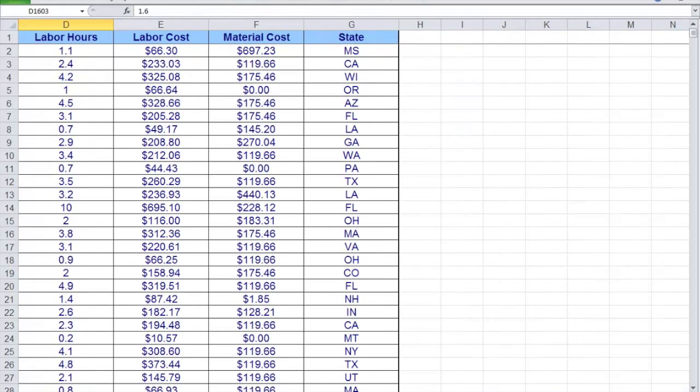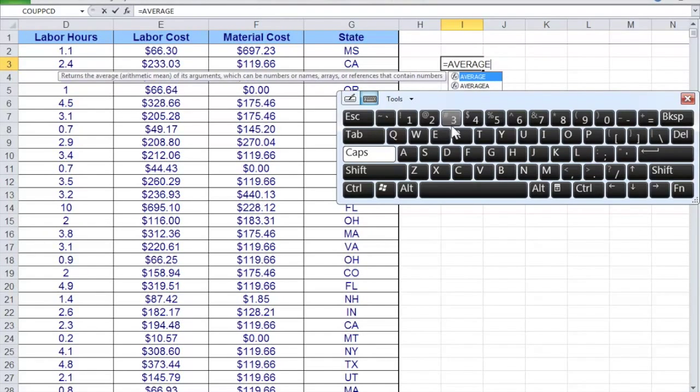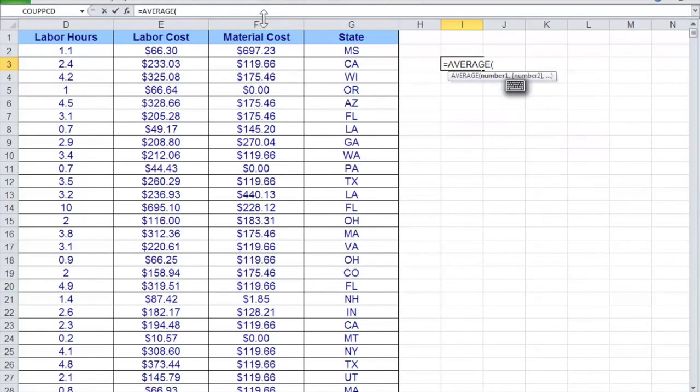So suppose I want to find out the average material cost. So I want to find the average cost based on this column. So I can type equals and then average, and then we have this bracket, and then you select, if you click on column F, so don't click on material cost, click on F and the entire column will get selected.